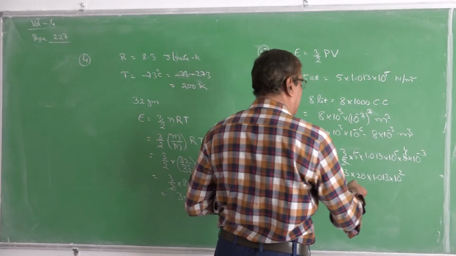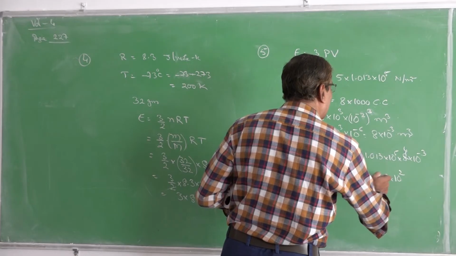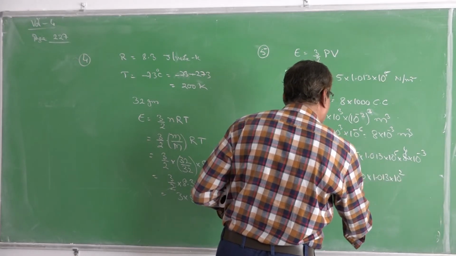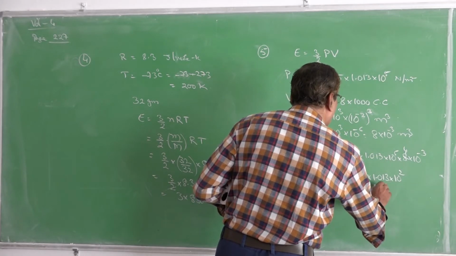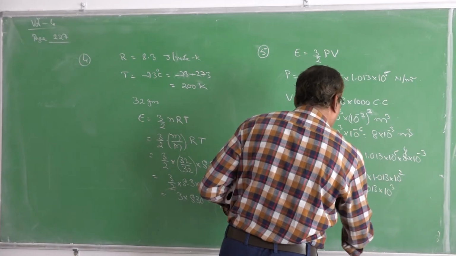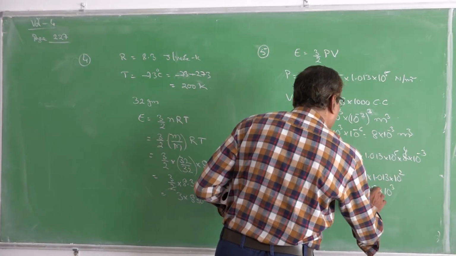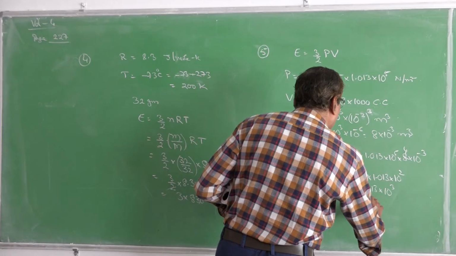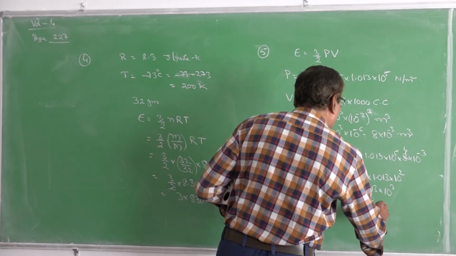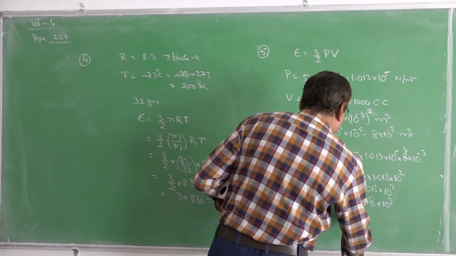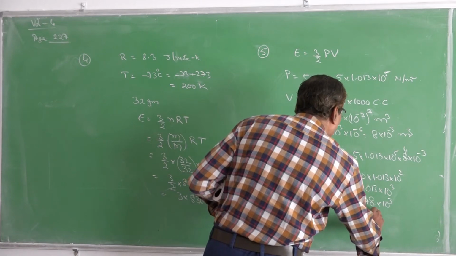So 6 into 1.013 into 10 cube, that is 6078 joule.